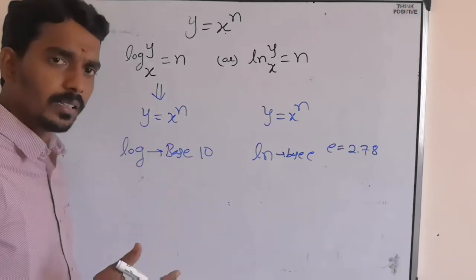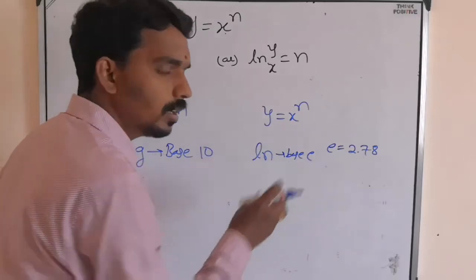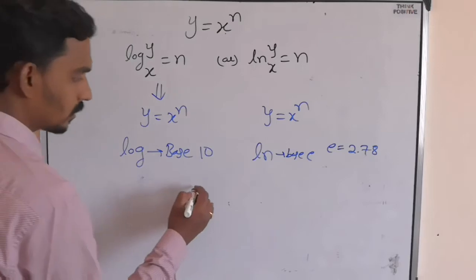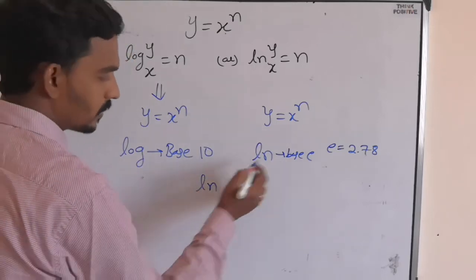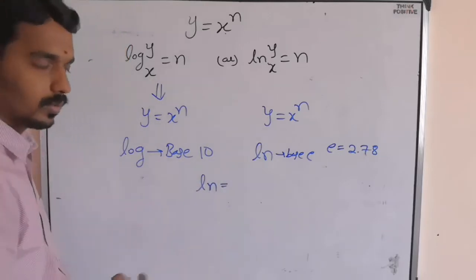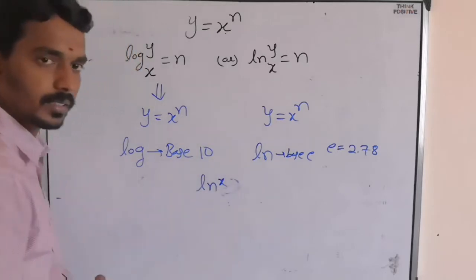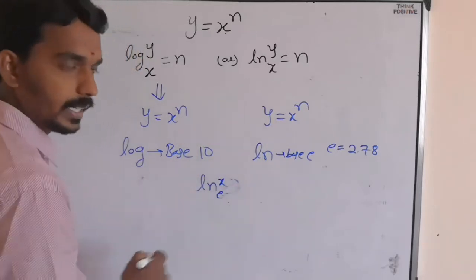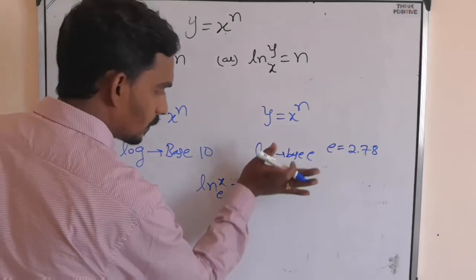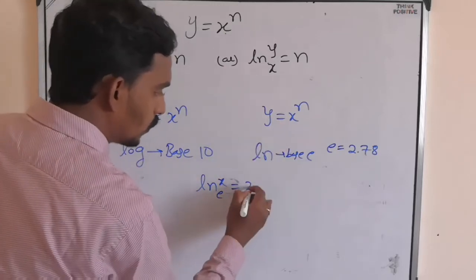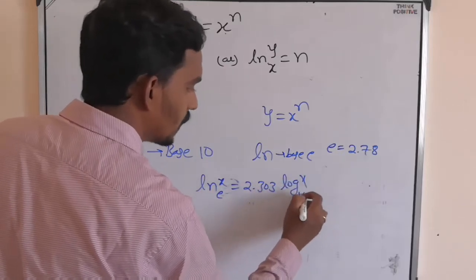Base can be anything, but in physics especially we use only base 10 or base e, where ln means base e. For any value x, ln x is equal to 2.303 log x base 10.